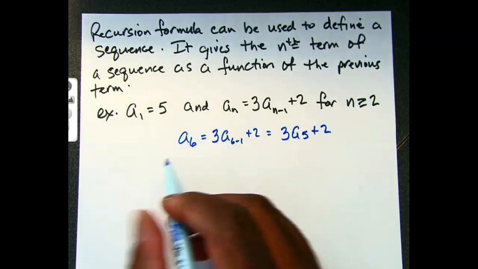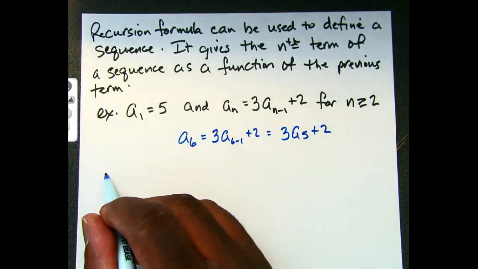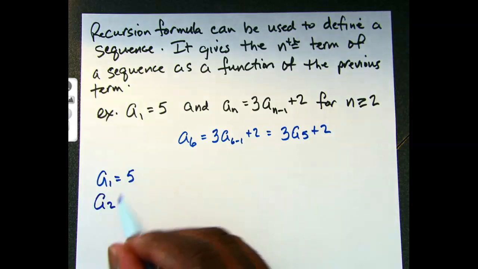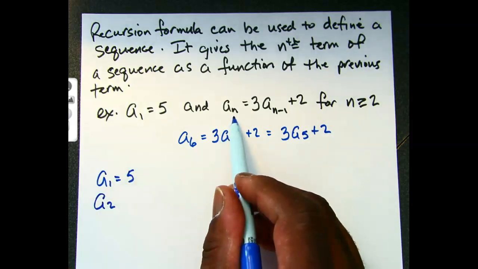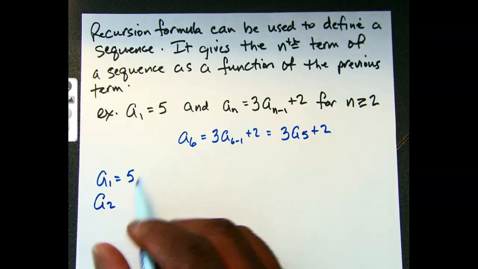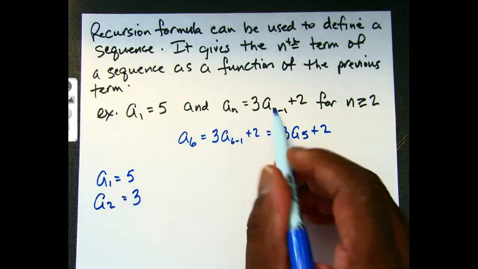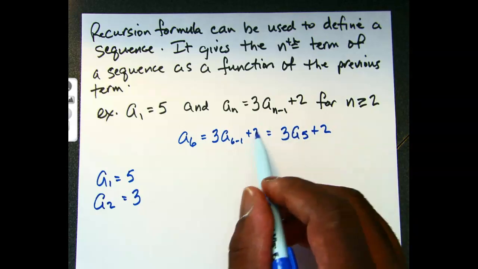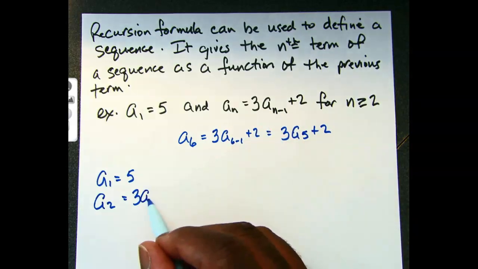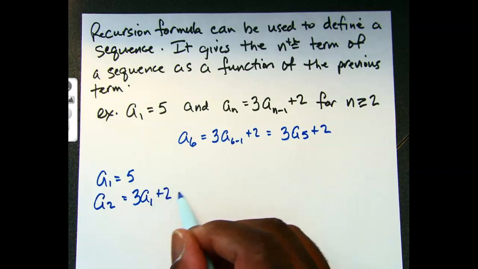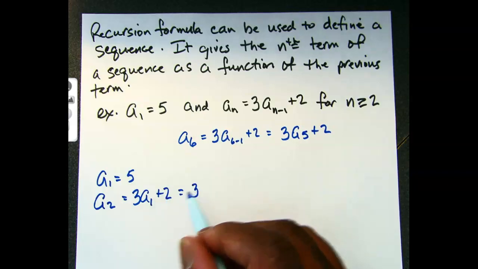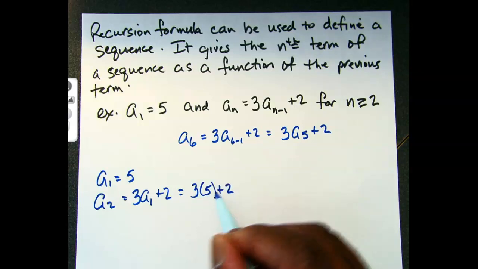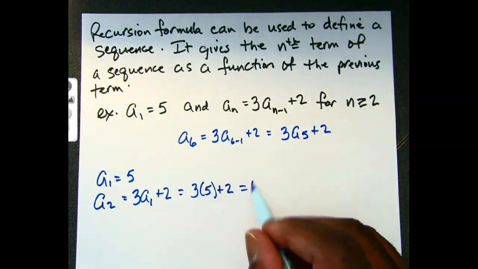First 4 terms. So a sub 1 is 5, then a sub 2, everywhere you have an n, you're going to replace it with a 2. So that's going to be 3 times a sub 2 minus 1, so 3 times a sub 1, plus 2, which is 3 times, well, a sub 1 is 5, plus 2. 15 plus 2 is 17.